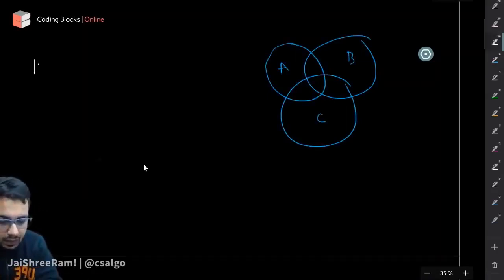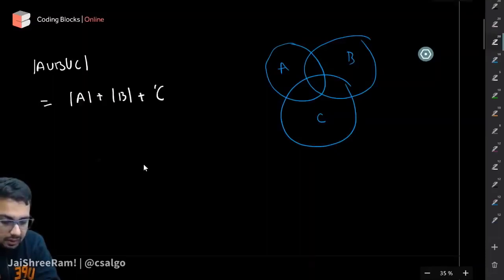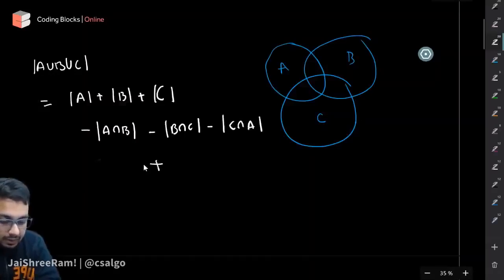So A union B union C can be written as |A| plus |B| plus |C| minus |A intersection B| minus |B intersection C| minus |C intersection A| plus this part, which is |A intersection B intersection C|.